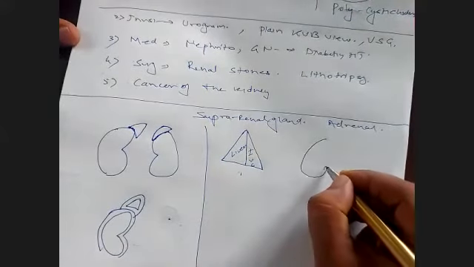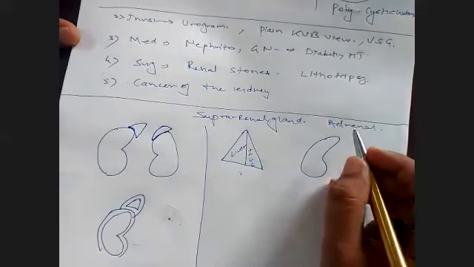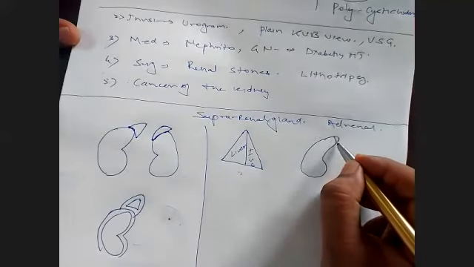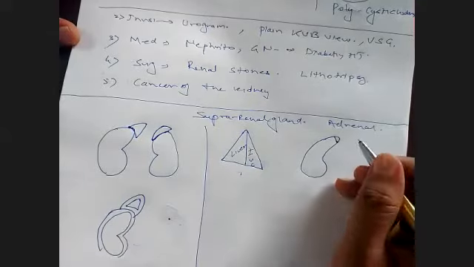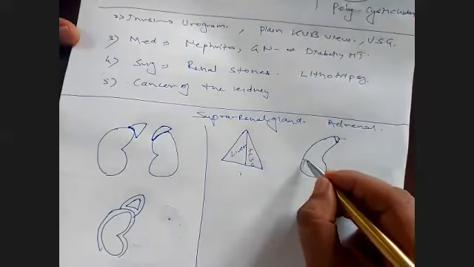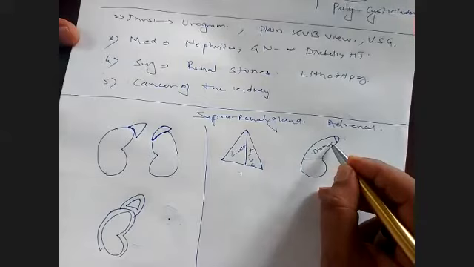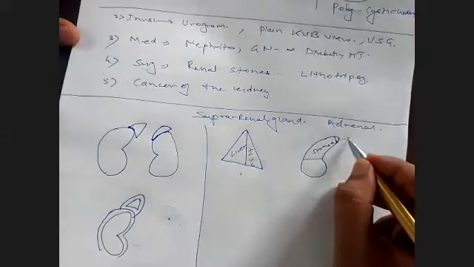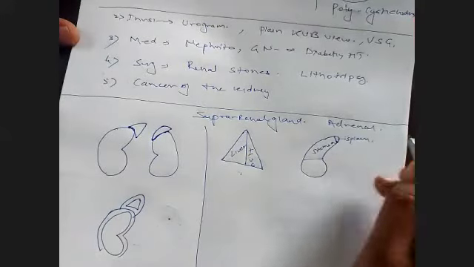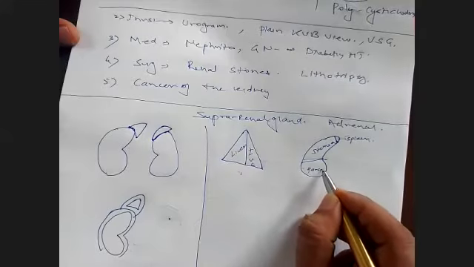Now the anterior relations of the left suprarenal. These are the structures forming the stomach bed, because it itself forms the stomach bed. So this huge area will be related to stomach, and on the top apex it will be related to spleen, and then lower down it is related to the pancreas.